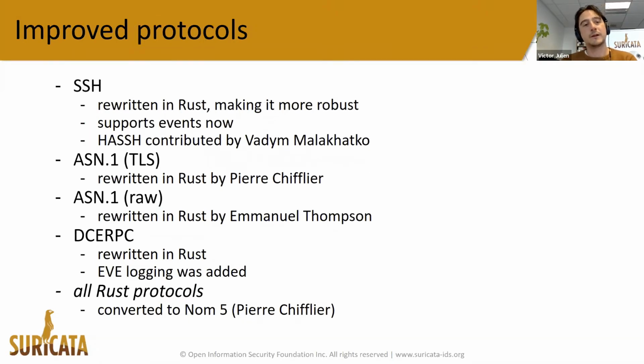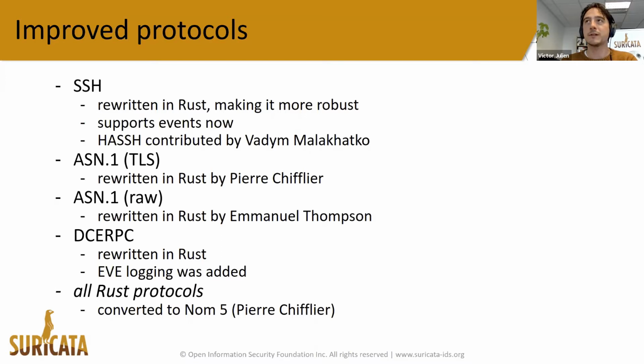Then we already have a lot of protocols, but in our effort to make things more robust, we've started to rewrite certain things from C to Rust. So the SSH app layer parser has been converted completely to Rust, and it has also gained two major features.